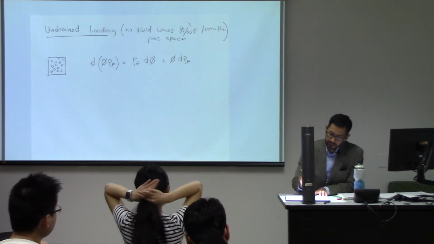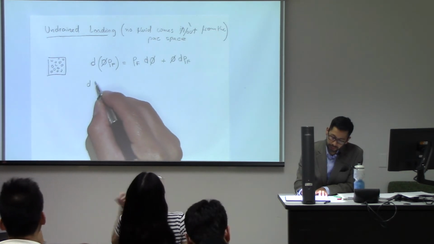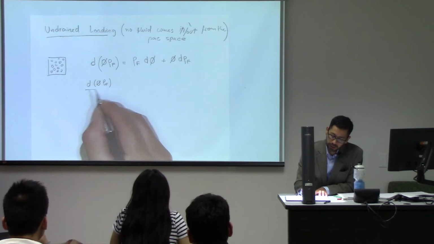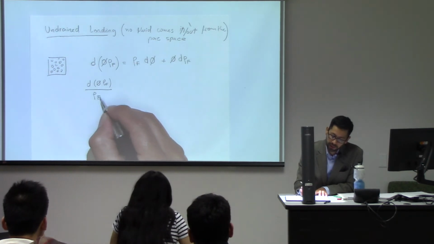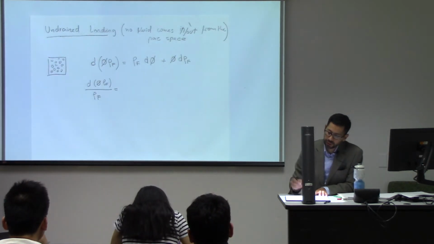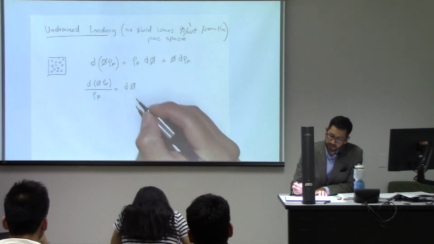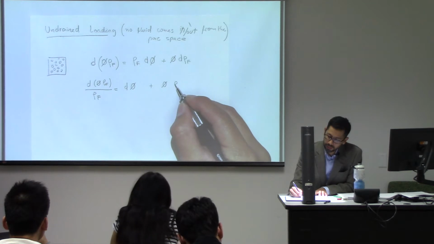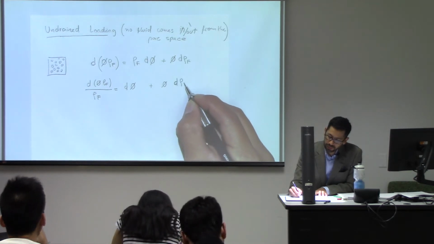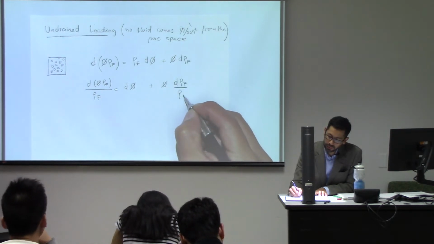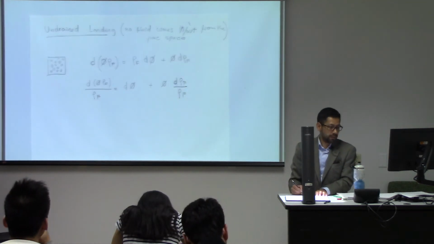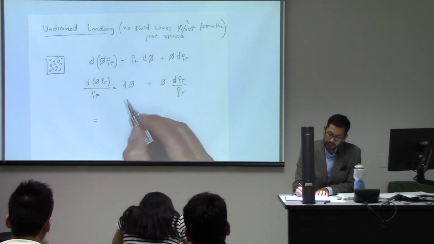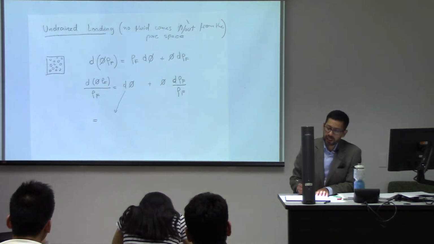I'm going to manipulate this equation for the equations where I want to get. And in order to do that, I'm going to divide by density of the fluid. So here I'm just going to have that term, and here I'm going to have this term with the variation of fluid density divided by fluid density. Do you remember how we call, what is the variation of porosity?